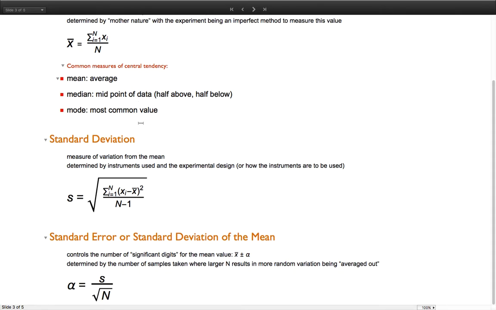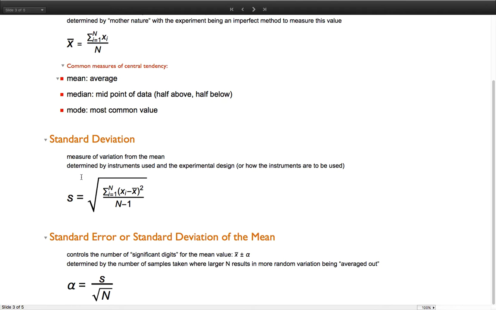However, that's actually not quite what we want, because this is on a given individual measurement, and that variation will be determined by the instruments that we use and the procedure that we use. What we really want to know is not how much does the data vary, but how good is this average value right here, which uses all of the data points.